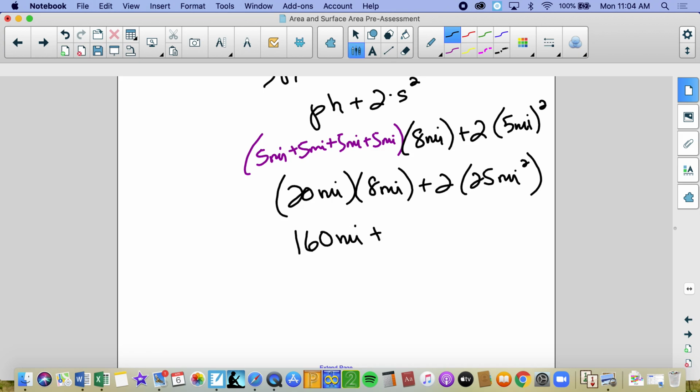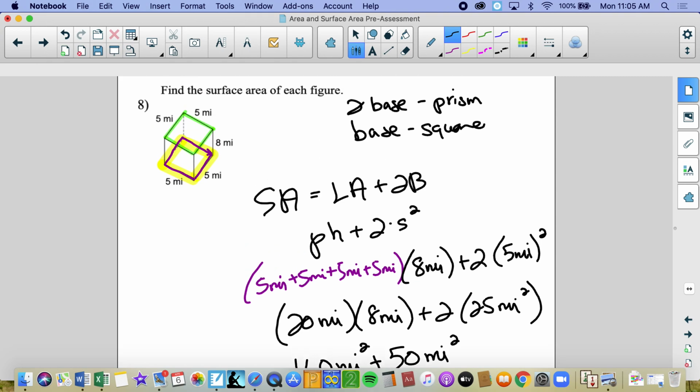And 2 times 25 miles squared gives me 50 miles squared. 160 miles squared plus 50 miles squared gives me 210 miles squared. That would be the surface area of this square prism.